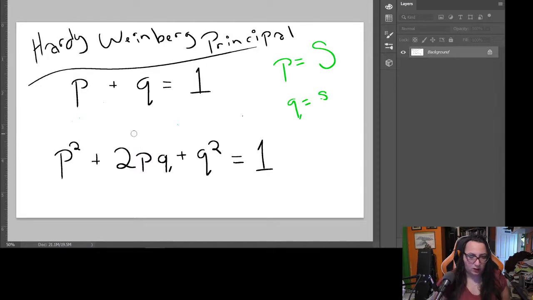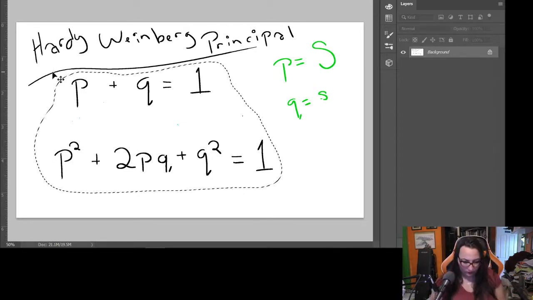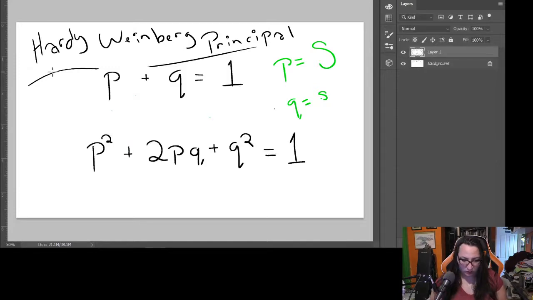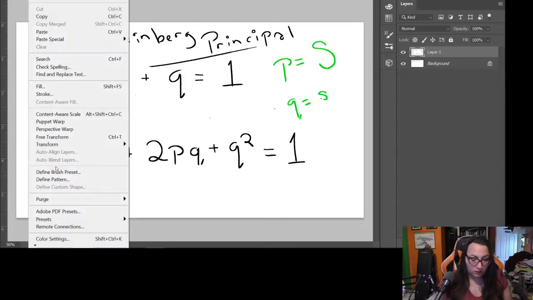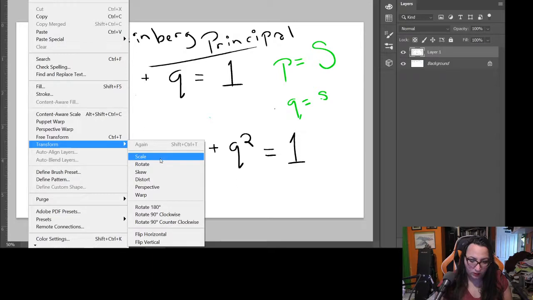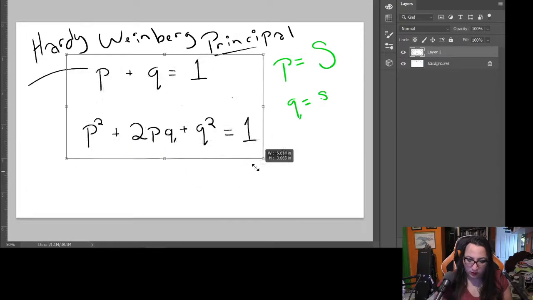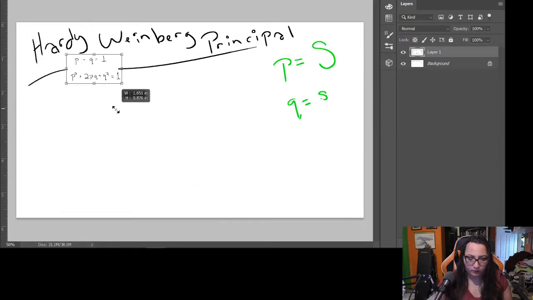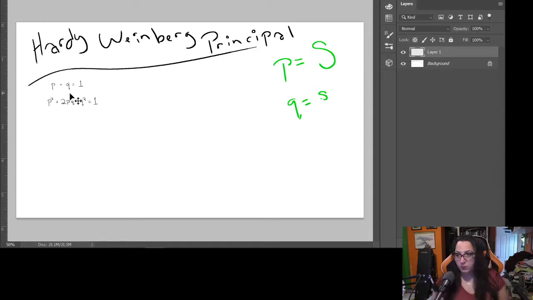Erasing takes a while. So what we'll do is we're just going to grab this, and we'll transform that and make it smaller, so we can keep our equations and still have space to write.